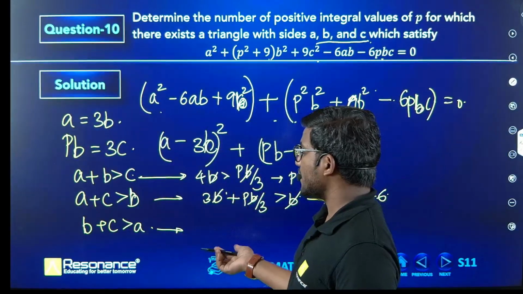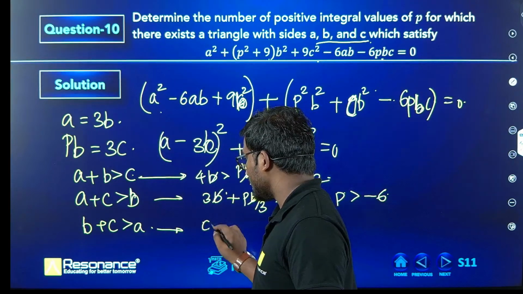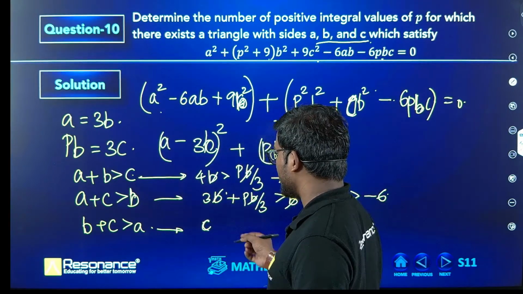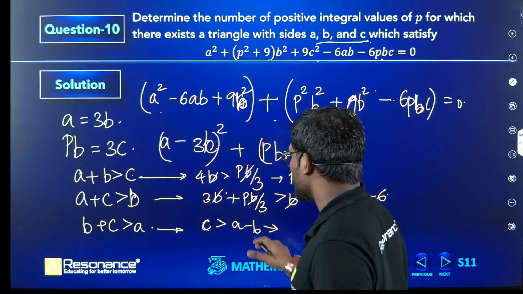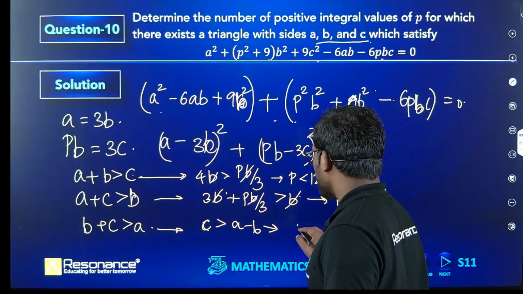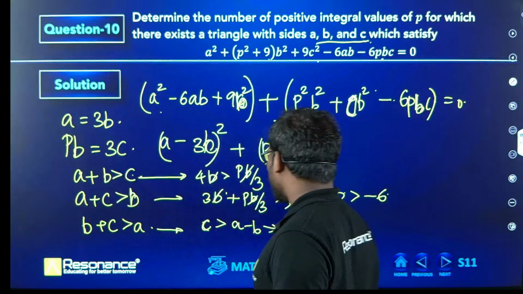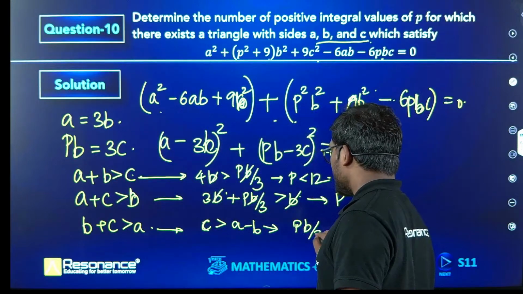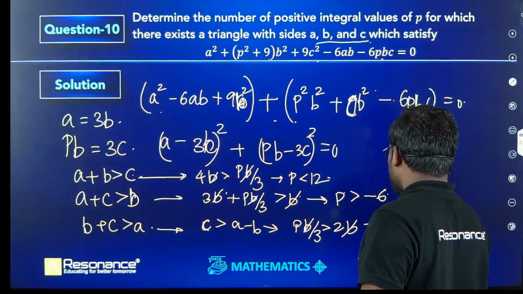Now moving further, B plus C greater than A. It would actually be helpful if we write C greater than A minus B, because A minus B is 2B, so C is greater than 2B, which implies PB by 3 is greater than 2B, so P is greater than 6.